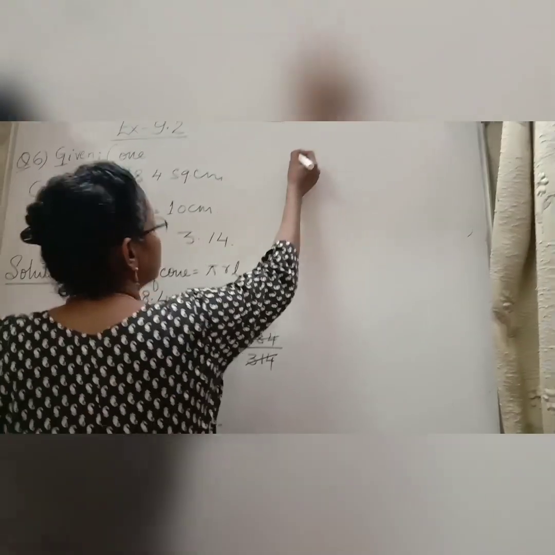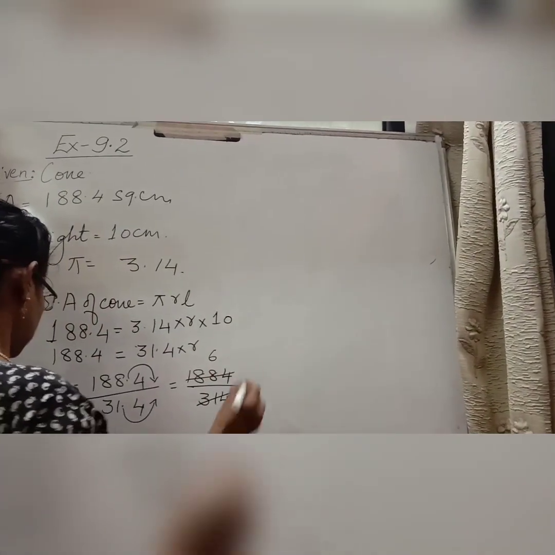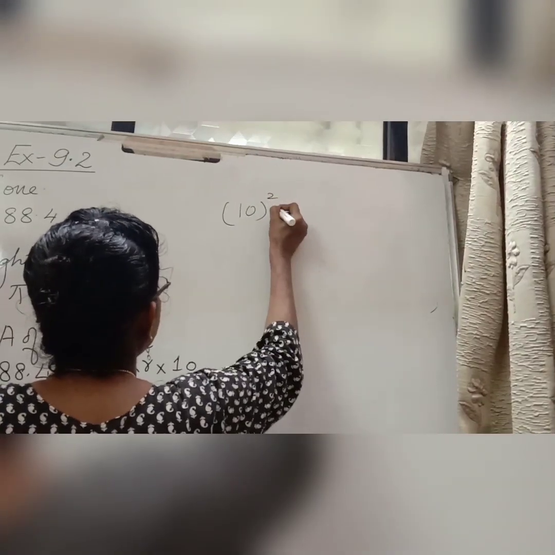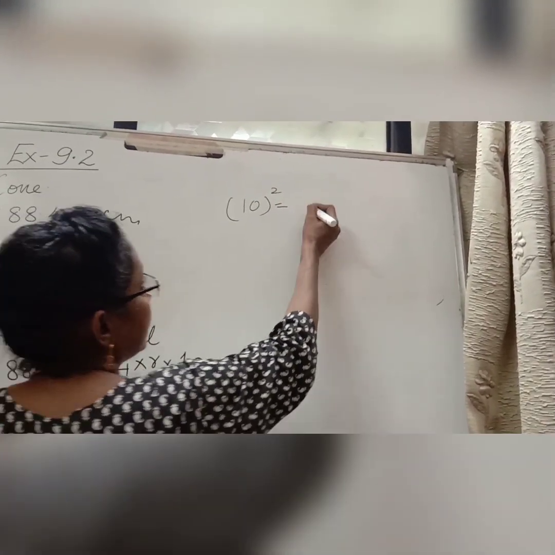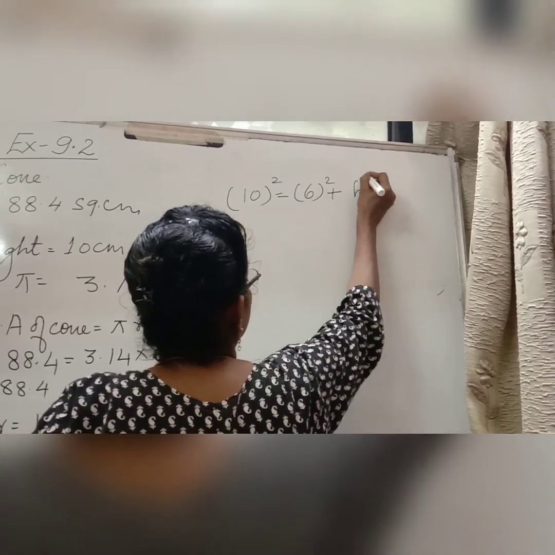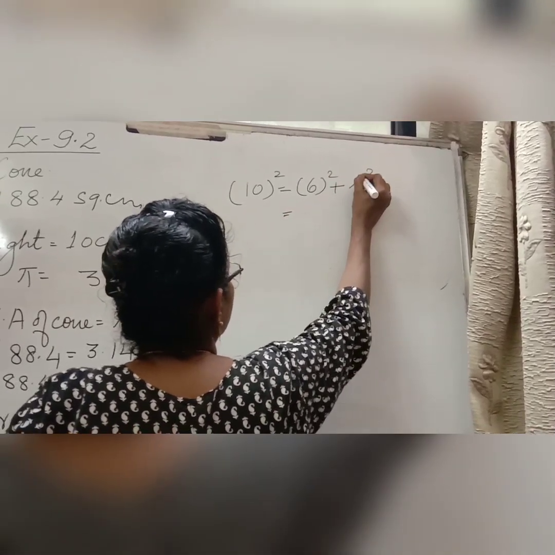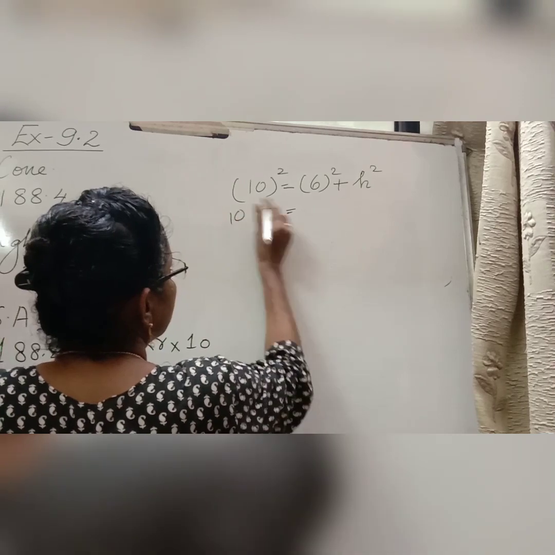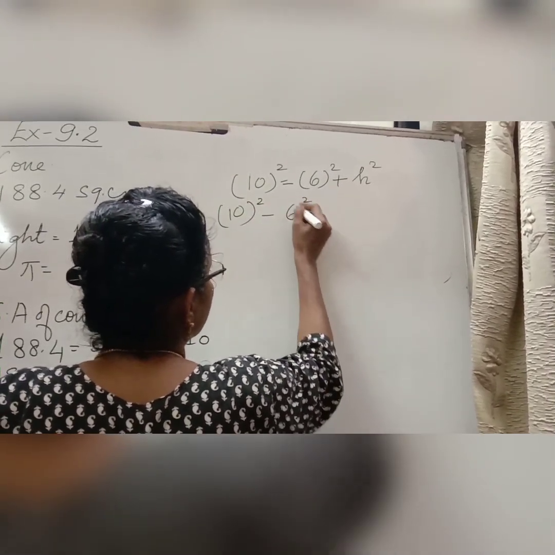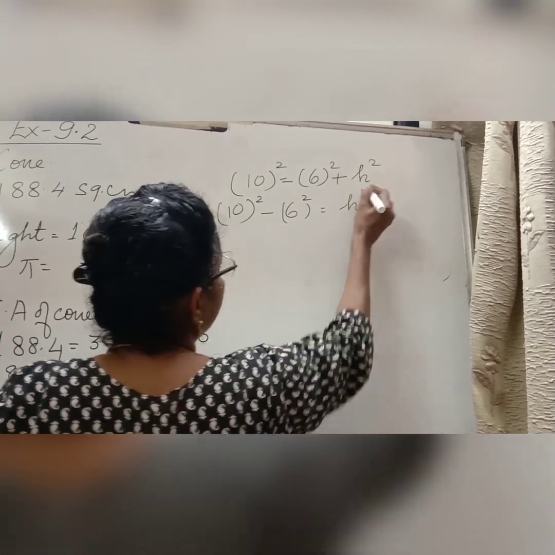Substituting the values, 10 square is equal to r, we have got as 6, square plus h square. So here 10 square minus 6 square is equal to h square.